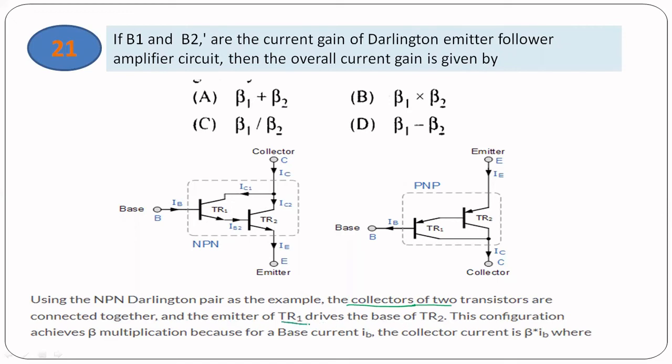Since the emitter of the first transistor is the base of transistor 2, the configuration achieves multiplication in beta. The current gain is multiplied. Because of that, we can mark option B. So the current gain is actually increased.